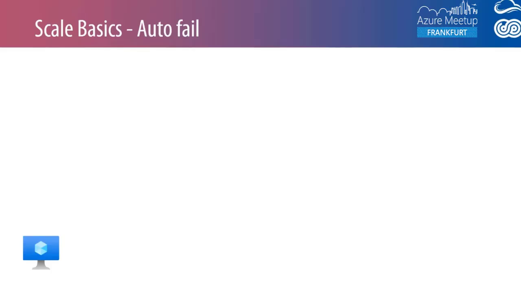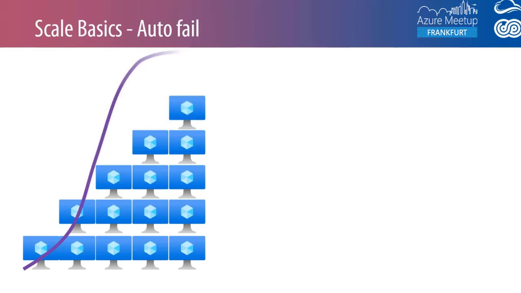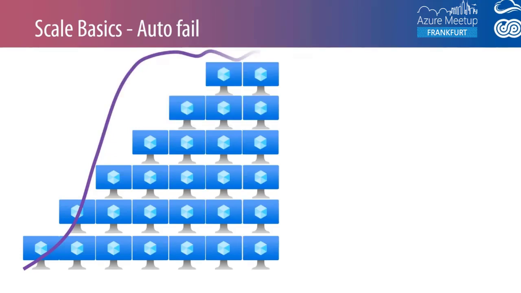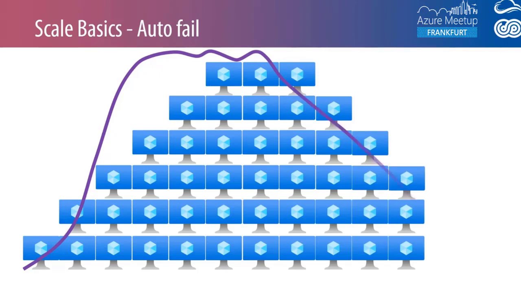Now we're going to talk about how this can be problematic. So auto scale can actually be a case of auto fail. Consider the case where your demand for your website grows and the rate of growth outpaces by a significant amount your auto scale rules.